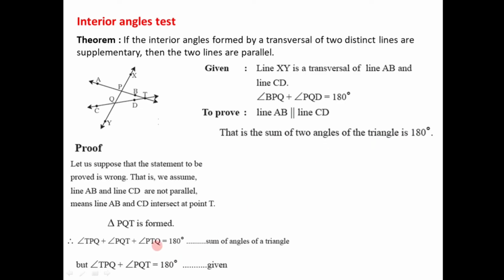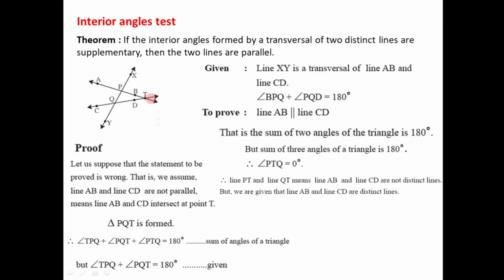That means the remaining angle of this triangle must be 0 degrees, because the sum of the measures of two angles is 180 degrees, and the third remaining angle is angle PTQ. So that must be 0 degrees. When we get an angle measure of 0 degrees, those two lines are not distinct. They are one and only one line.